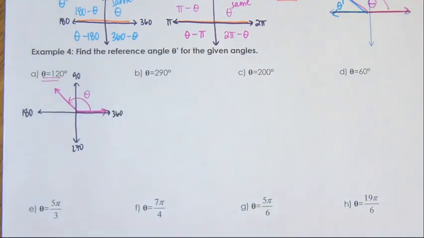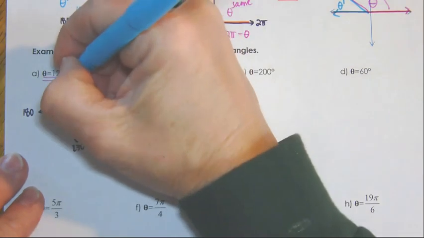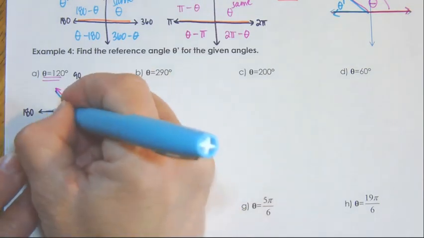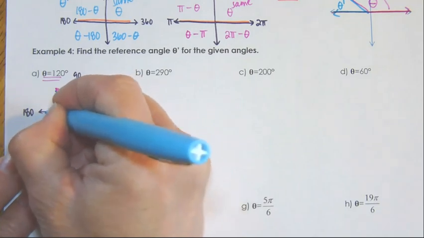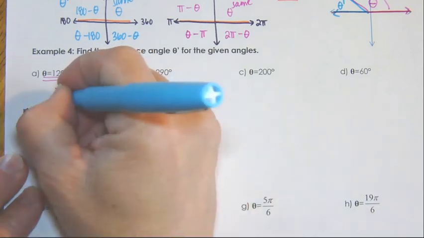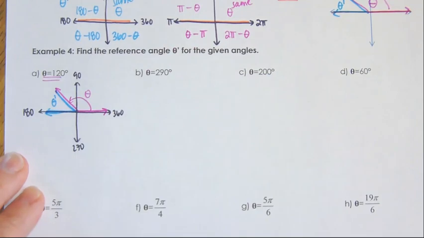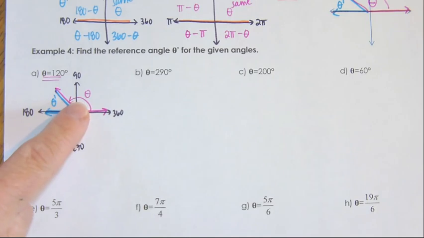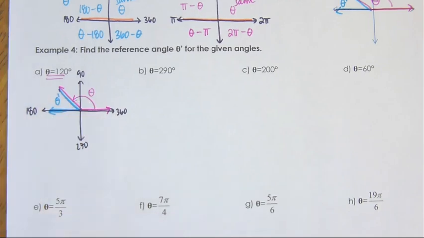All right, so here is my theta, 120. The reference angle has to be acute. It has to touch the terminal side, and it has to touch the x-axis right here. So this is my reference angle. Now I need to know how big that is. You see how this angle right here, this pink one, is 120. And if I were to go all the way over here, I'm at 180.